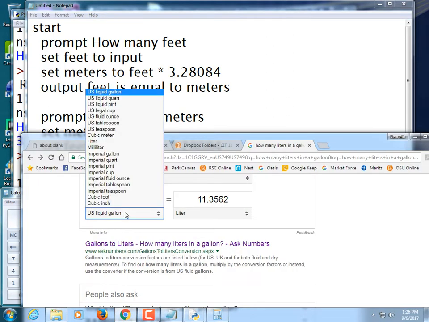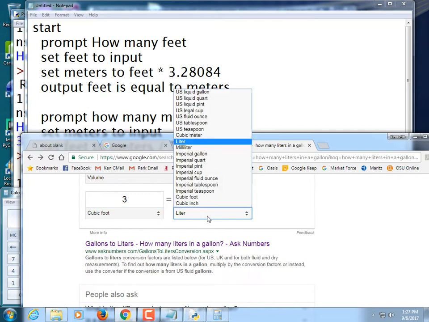Feet. I'm going to change this from... This doesn't do length. Where's feet? Am I missing it? Oh, there it is. Cubic foot. To, what do we convert to? Meters? Yeah. Meters. Oh, there it is.